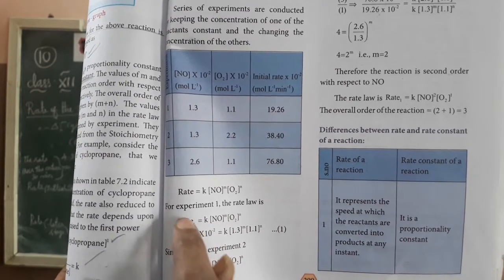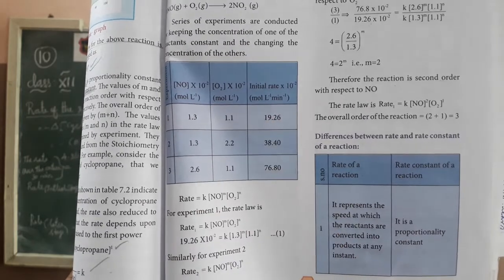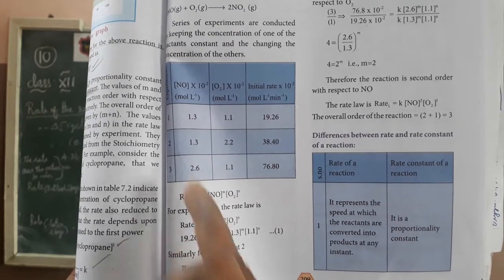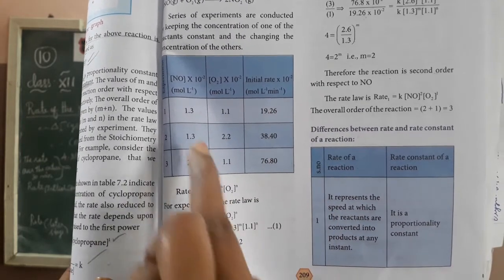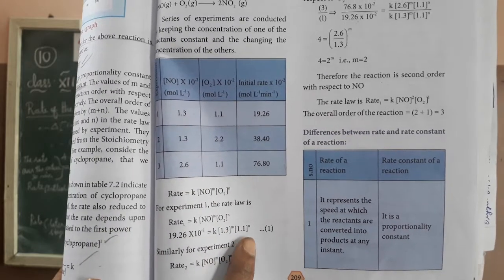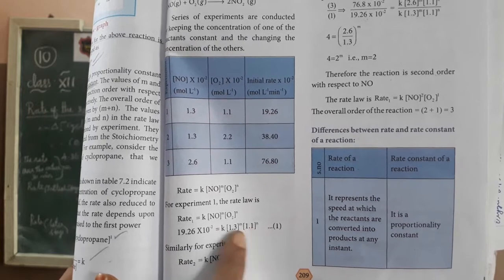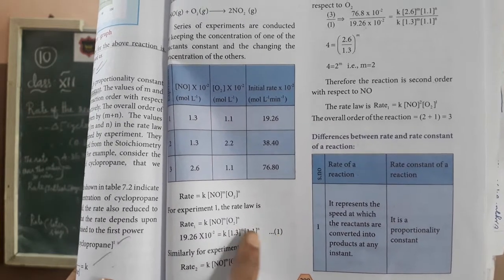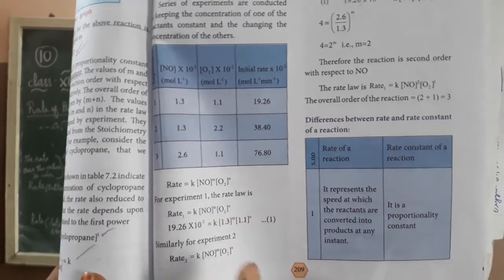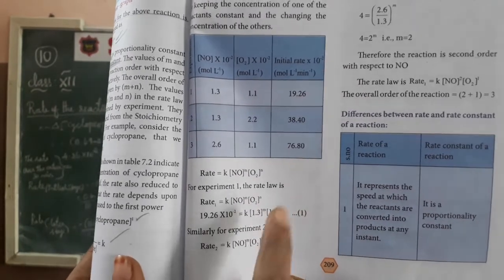So for the first rate, it is 19.26, that is the rate for the initial stage, and the NO value is 1.3 and the O2 value, the oxygen value, is 1.1. Do not forget the order of reaction also, that is for experiment 1.